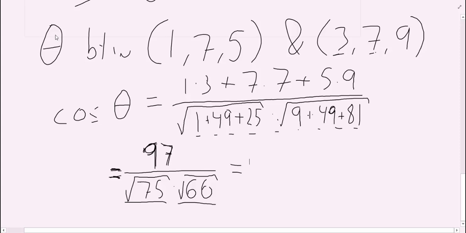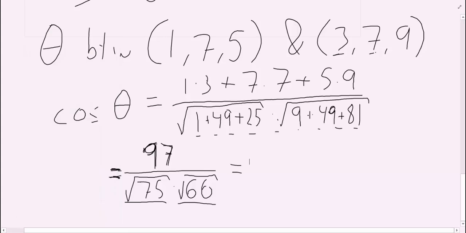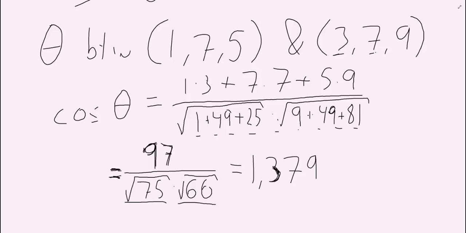So this is 1.379, that's enough for us. So this is the cosine.